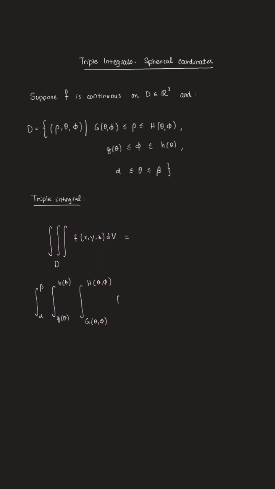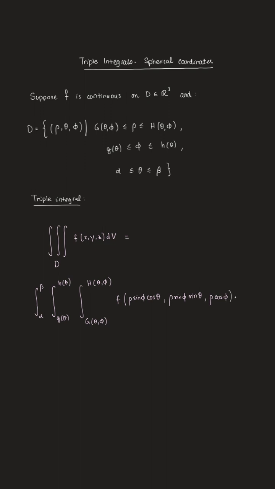Our function f, which if we change to spherical coordinates, x would be rho sine phi cosine theta. Y is rho sine phi sine theta. And z is rho cosine phi.